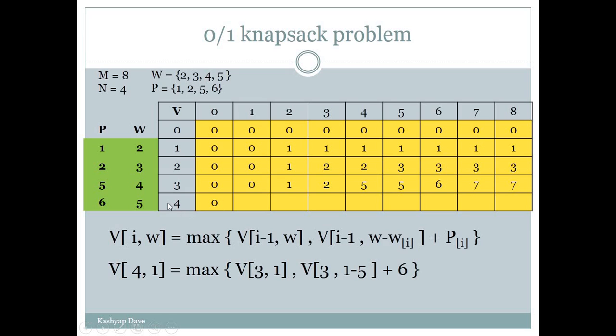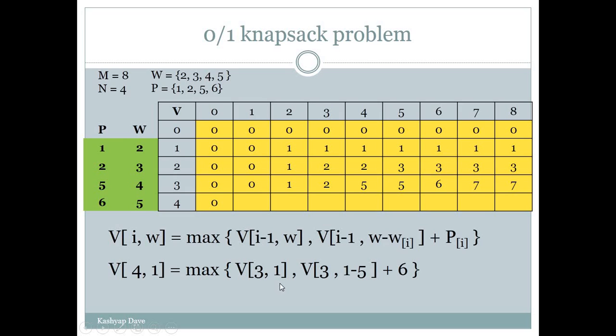P of I says that we are calculating for item number 4, and that item number 4 has a profit of 6. So P of I is the profit of this item, so that is 6. So plus 6.